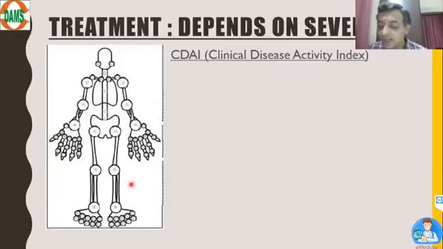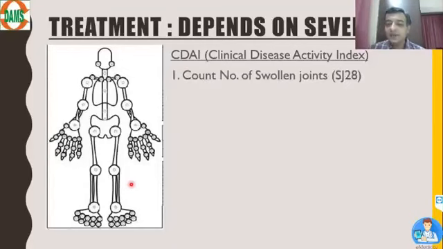How do you calculate the disease activity index? Note it down quickly. Very simple. Number 1, count the number of swollen joints, SJ28.